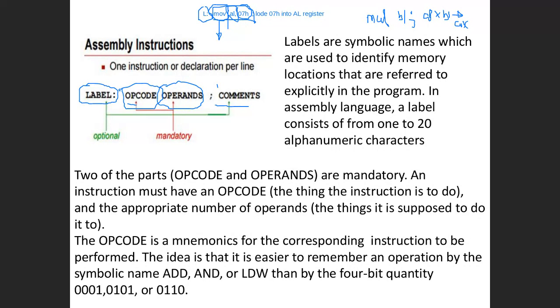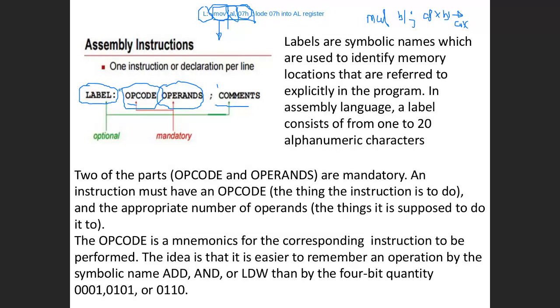We'll see. And what about after the semicolon? After the semicolon it is called a comment. This is not part of the program. We can write something like what the line means. For example, MOV AL, 07H: load 07H to AL.